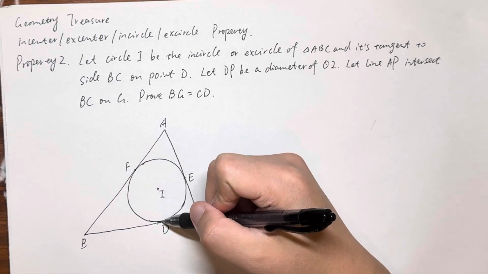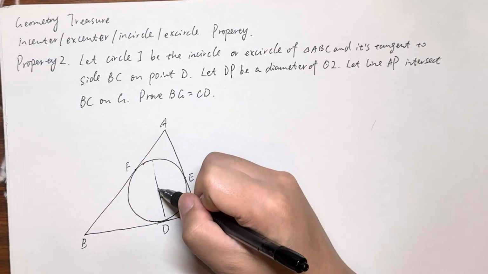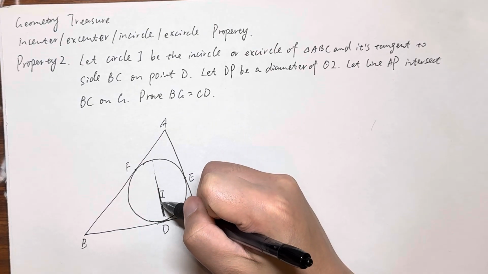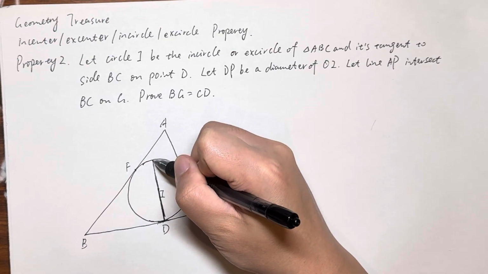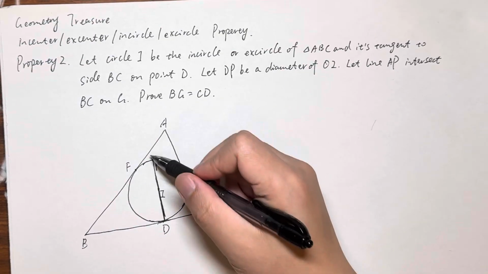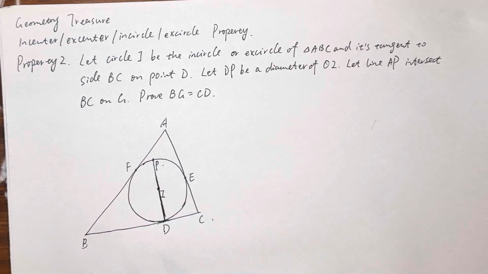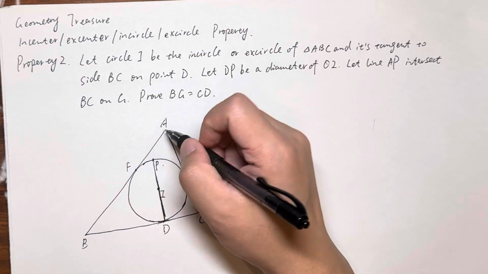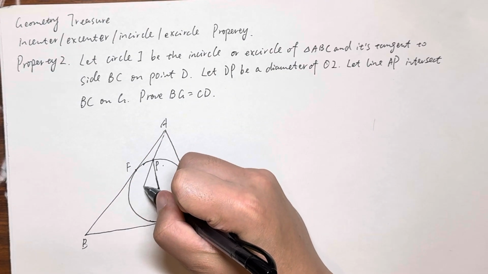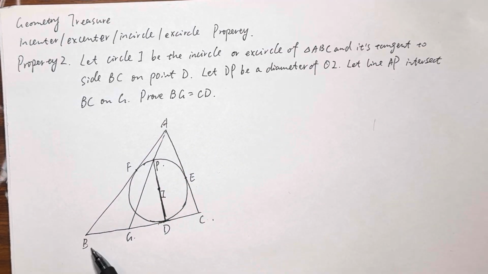And we know that DP is a diameter of the circle I, and this point is P. The line AP intersects BC at G. We want to prove that BG equals CD.